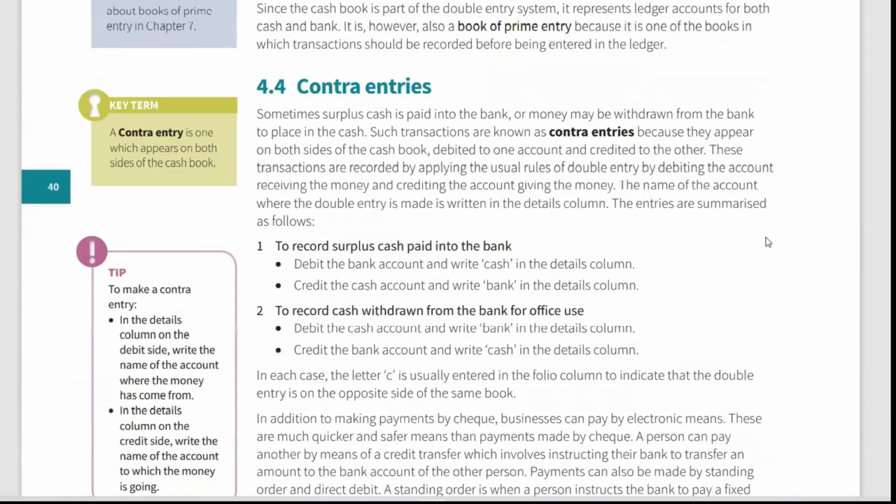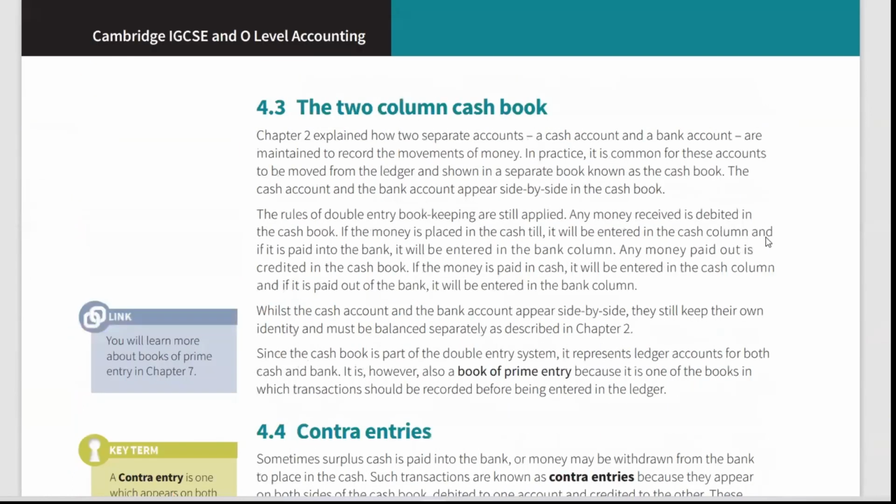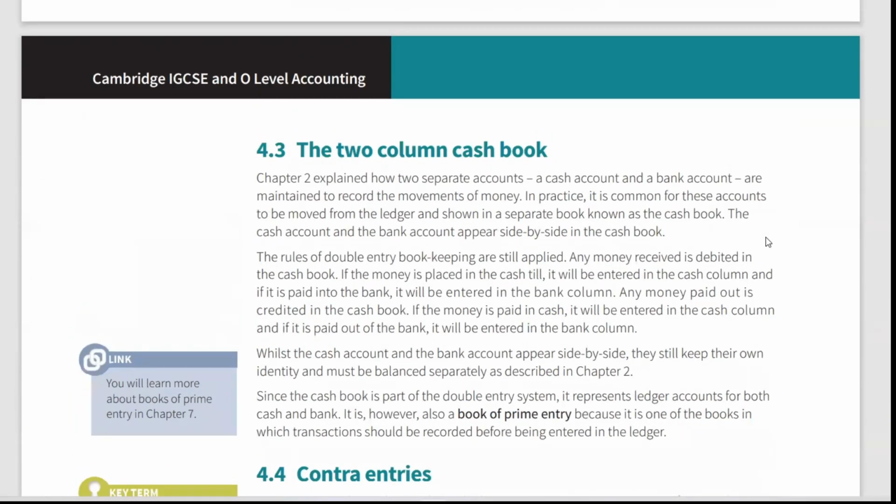We'll discuss contra entries in cash book, you know what that is? I'm not sure if you know what that is. So, Musab, go ahead, tell me what that means. What does contra entry mean in cash book? I don't know.